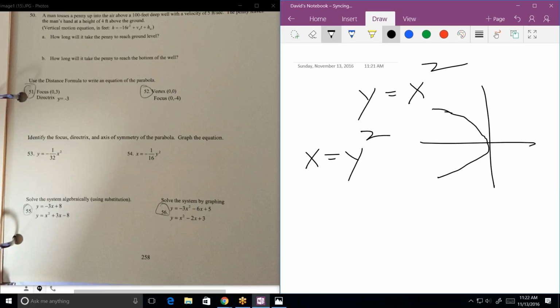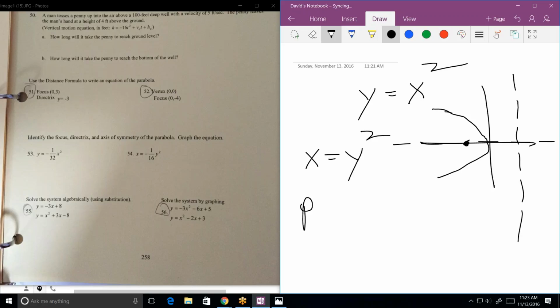Okay. And again, I've got to find this point, the focus, and I've got to find this line, the directrix, and then I've got to find the line of symmetry. Okay? So let's work on the focus.